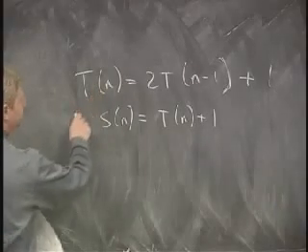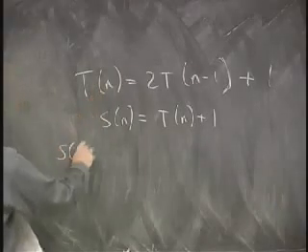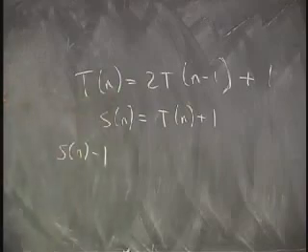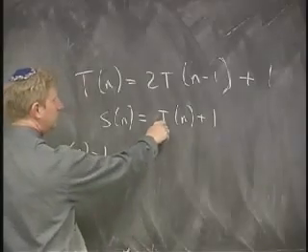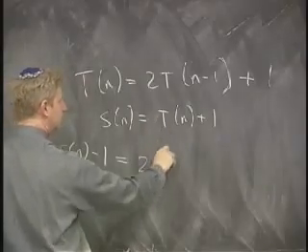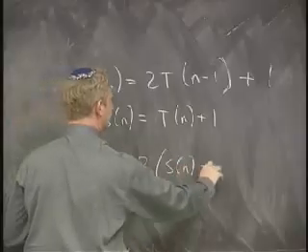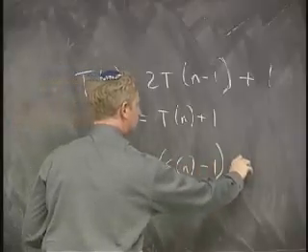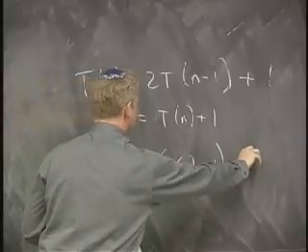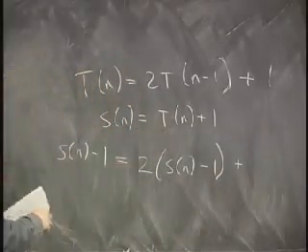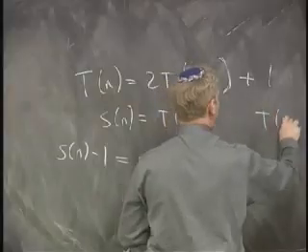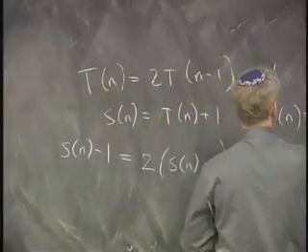S of n minus 1, that's the same as t of n, right? T of n is S of n minus 1.